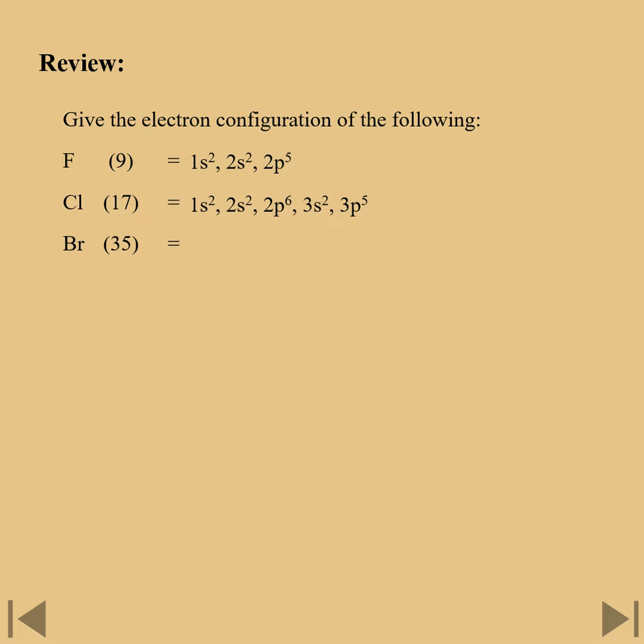Next, let's do bromine. And so we know where those first 18 electrons are. 1s2, 2s2, 2p6, 3s2, 3p6, and I'm just looking at the chlorine we just got done with. So again, our first 18 would fill up. Okay, so there's 18.